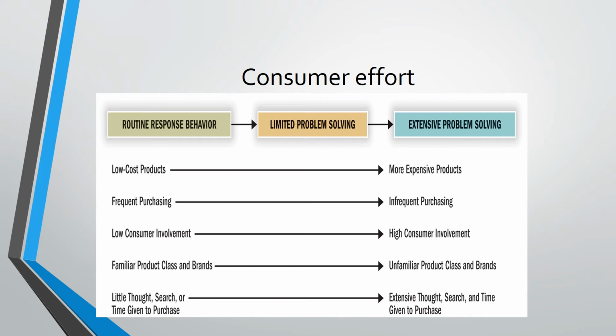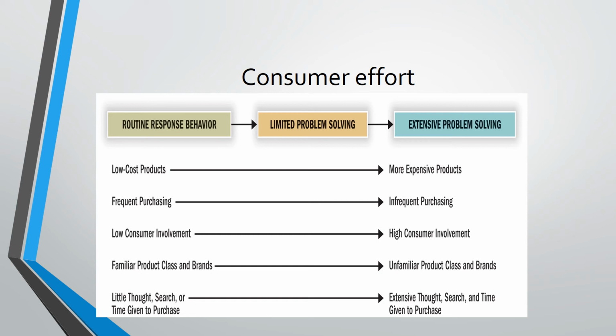If we're talking more expensive products, then we tend to do a lot of searching if we're going to buy a car, if we're going to buy a home, something like that. Do you purchase it frequently, or do you only purchase it on rare occasion? That's going to influence if it's a habitual routine response or limited or very extensive search. How involved with it are you? Are you buying it because somebody asked you to?